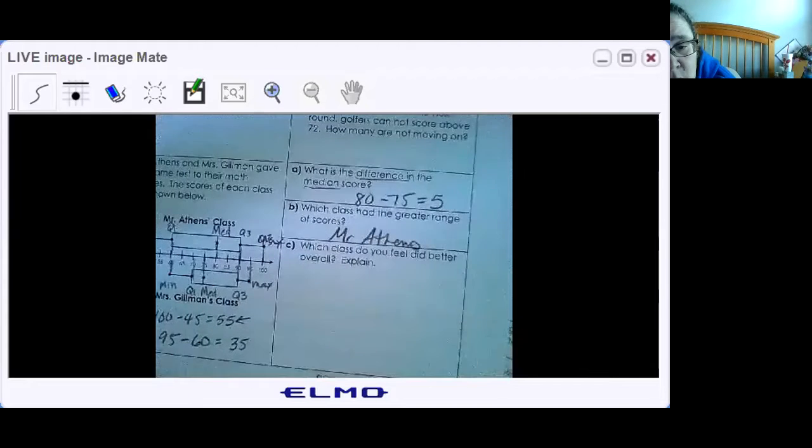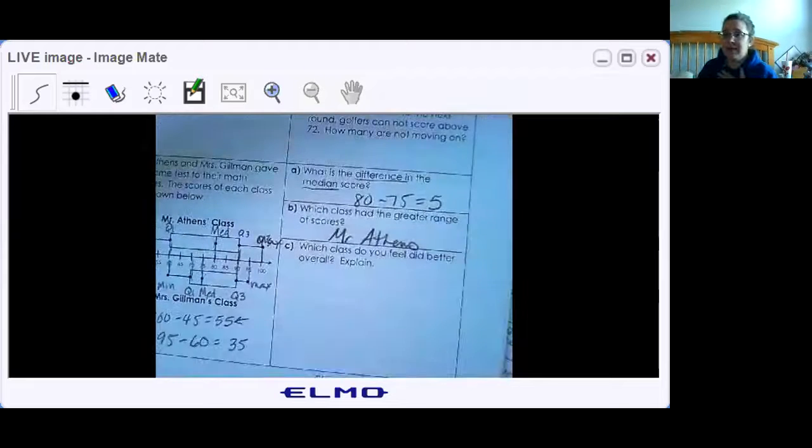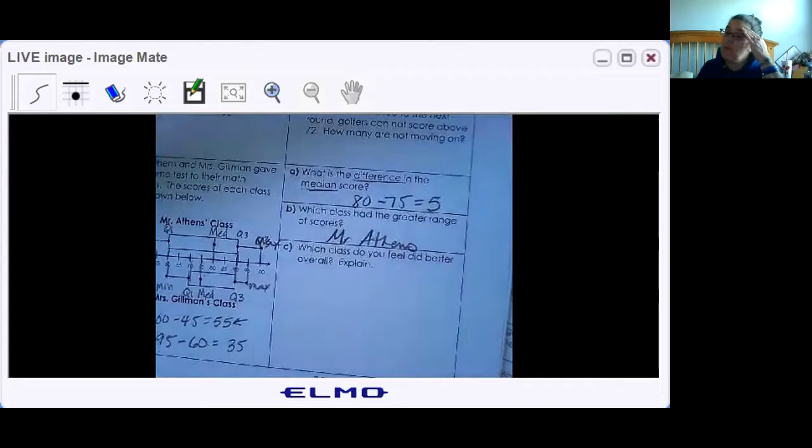Okay. Which class do you feel did better overall? Now, this is a question of looking at the graph and what things do these two graphs tell us? Well, what do you consider doing best overall? Having a big range of scores or having a small range of scores? Having a perfect score or having the highest median score?